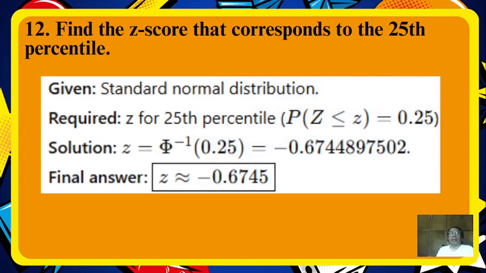Number 12. Find the z-score that corresponds to the 25th percentile. So, our solution will be inverse tau of 0.25. So, the final answer is z-score is approximately negative 0.6745.